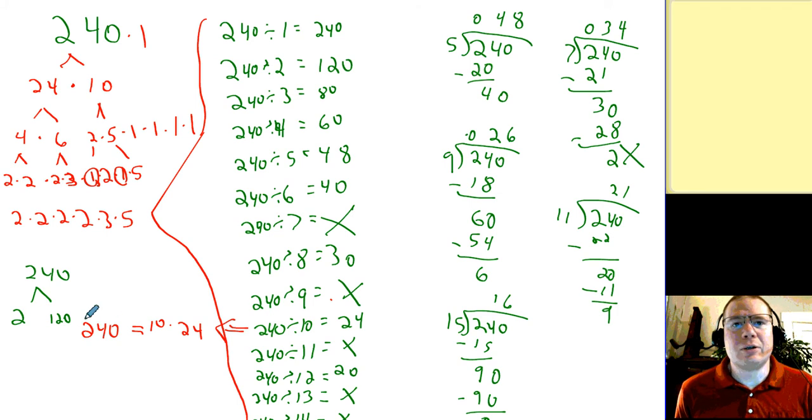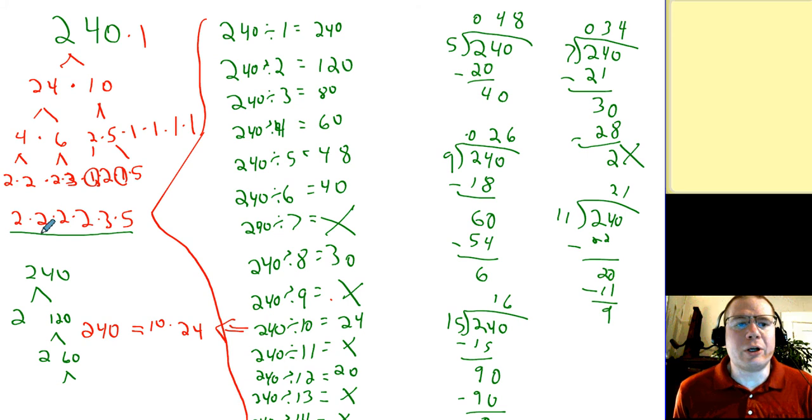120, that's still a 3-digit number. That's kind of big. So now I have to think, okay, well, 120, I can use the same technique as before. 10 times 12, now I've got two pretty small numbers. Or I could say, well, that's even again. Half of 120 is 60, and go on from there. The great thing about prime factorization is whatever route you take to get there, it's going to be the same. Because multiplication is associative and commutative. I'm multiplying these numbers.